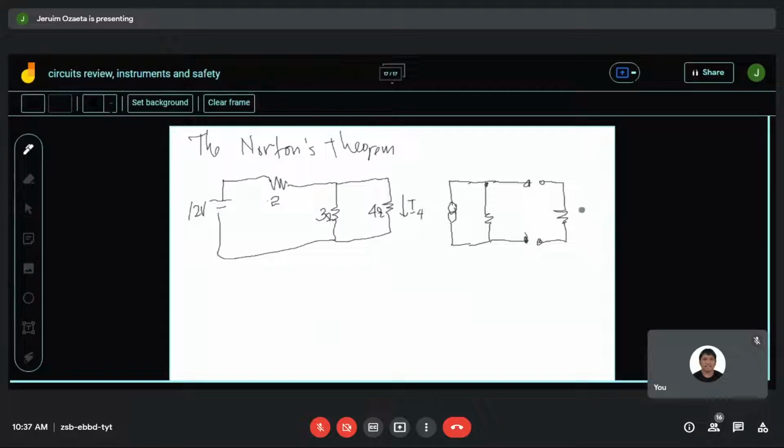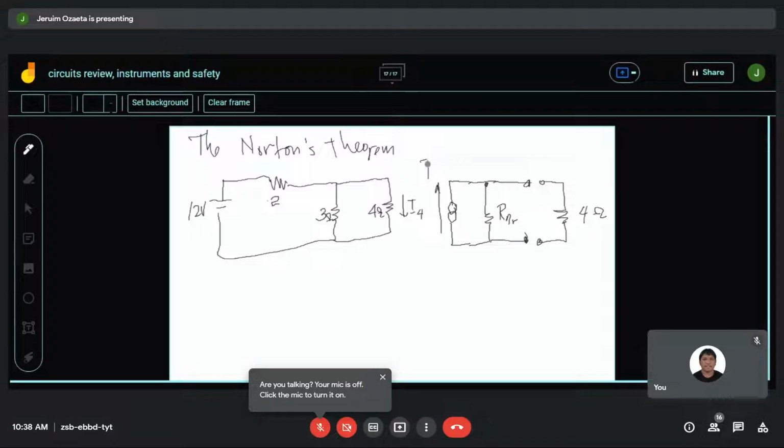So this is the 4 ohms. This is the Norton's equivalent resistance, and this is the Norton's equivalent current. Let's just designate this as I sub N, Norton's equivalent current.